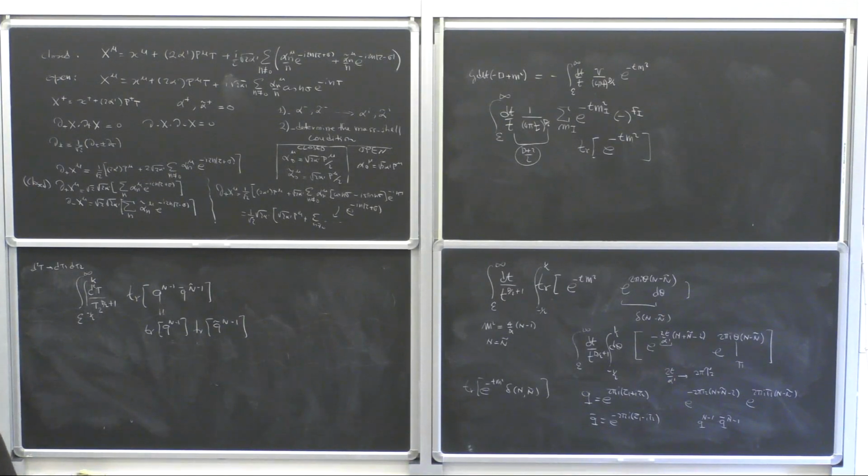They are the same. So remember what n was. N was a sum of contributions of harmonic oscillators, k from 1 to infinity, k a dagger k a k. This is a sum over d minus 2 oscillators, which in this case actually is 24.